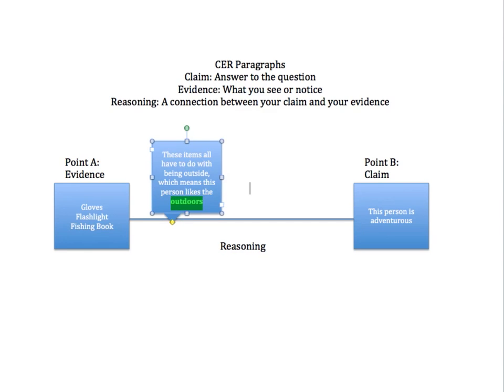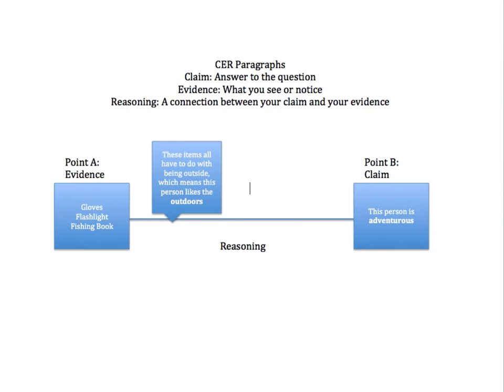But now what I want to do is connect this word outdoors to this word over here, adventurous. Okay.